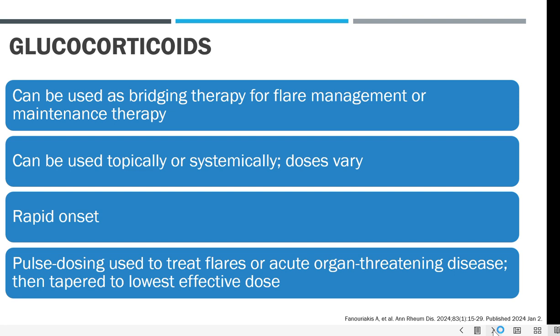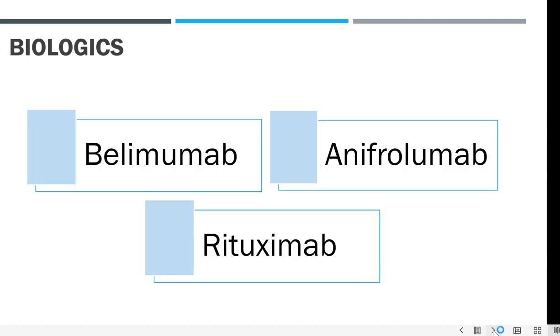So briefly touching on some of our biologic agents. The first two, belimumab and anifrolumab, are both FDA approved for SLE, and then we have rituximab as our rescue treatment for our most severe disease.